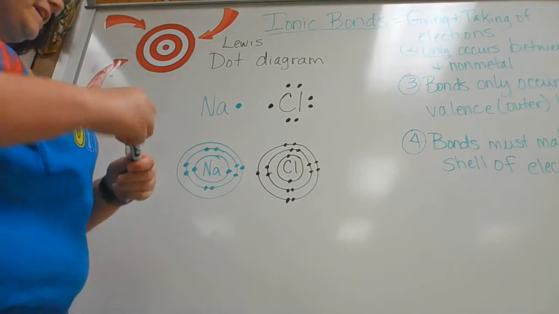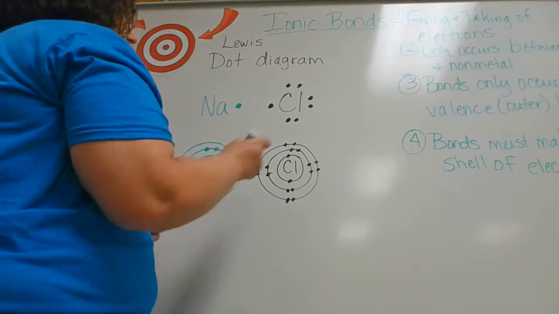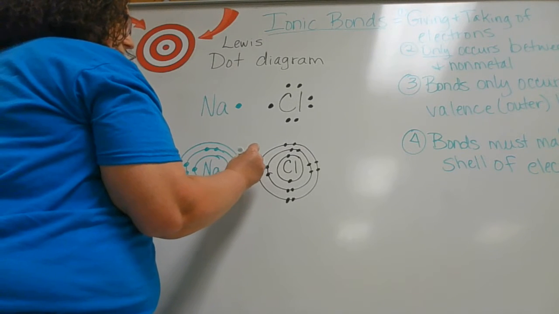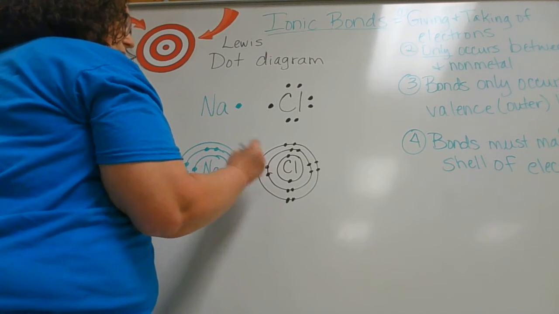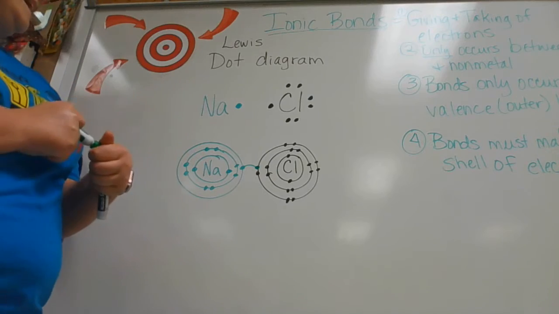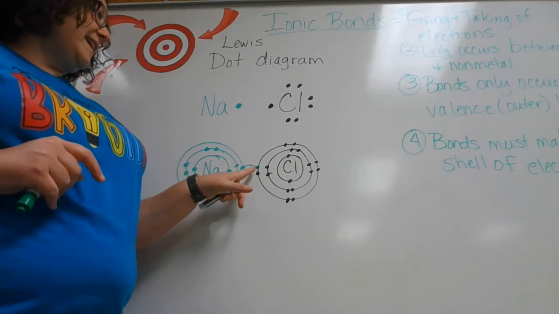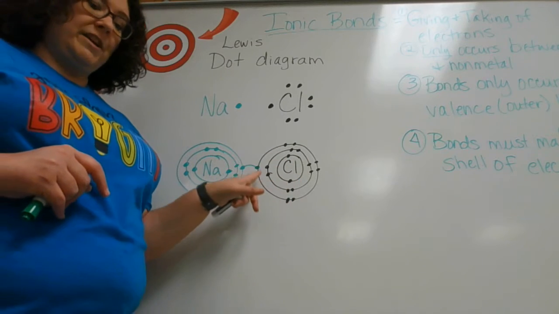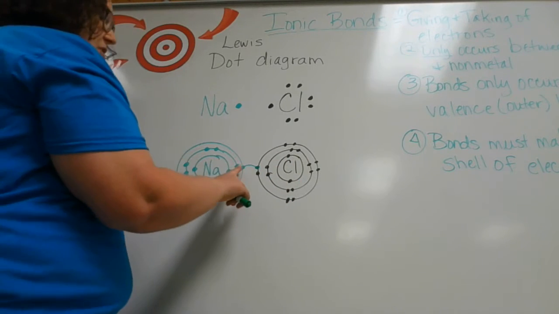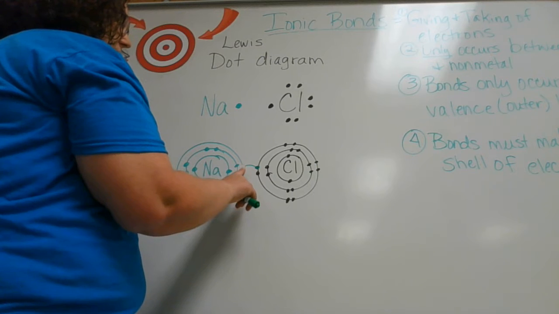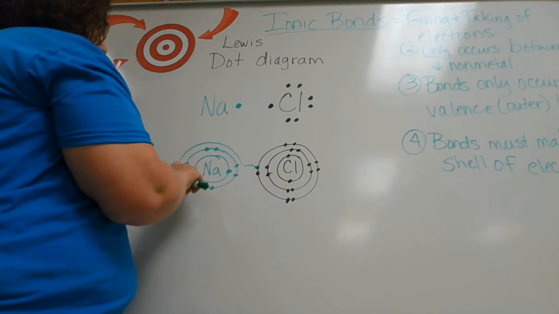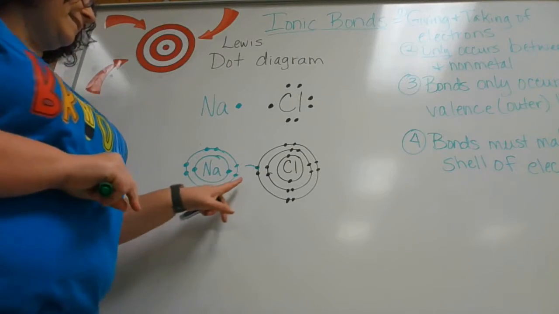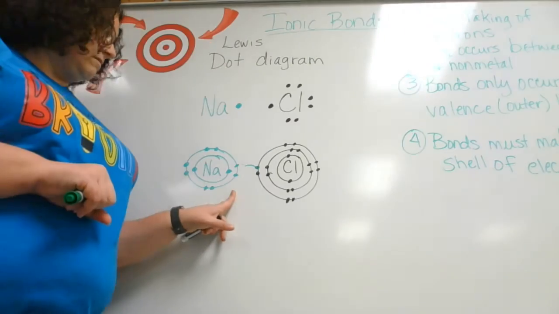Okay, so that's what happens with an ionic bond. This electron from sodium is given to chlorine, and that makes chlorine have 8 in its outer shell. And then because you've gotten rid of this one, now sodium has 8 in its outer shell.